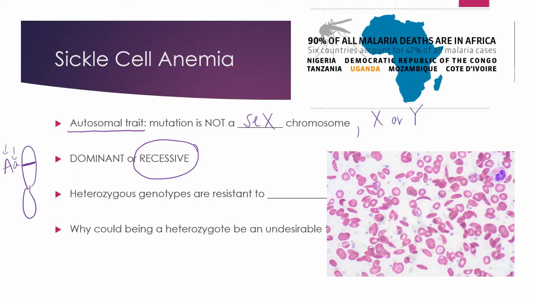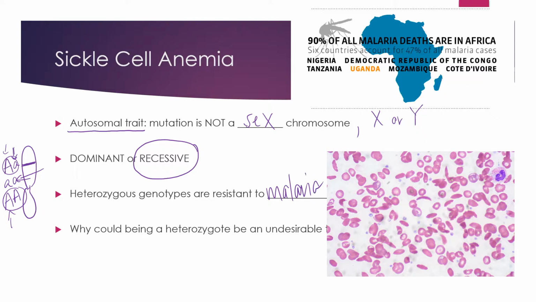So one's from mom, one's from dad, and these are our options of alleles. The first one here and the last one here are both carrying a dominant allele. This one has a recessive allele, and both of these are recessive. So sickle cell anemia is going to be this genotype here, recessive. And the heterozygous genotypes are actually going to be resistant to malaria.